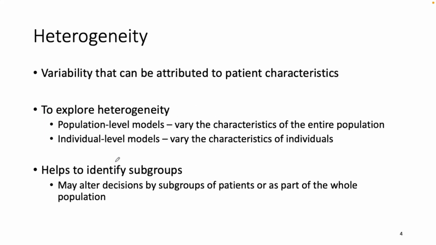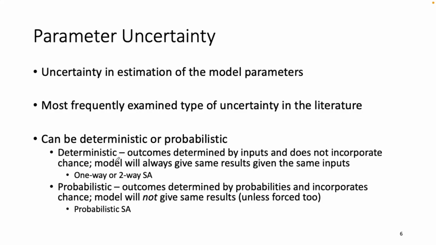I'm going to skip through this because we just talked about what these other types of uncertainty mean, but it brings us to parameter uncertainty. This is uncertainty in the estimates that we put into the model: the costs, the probabilities, the utility values, etc. And it can be either deterministic or probabilistic. We mentioned these terms at the beginning of the class, I believe, and they're fancy ways of saying whether there's randomness or not.